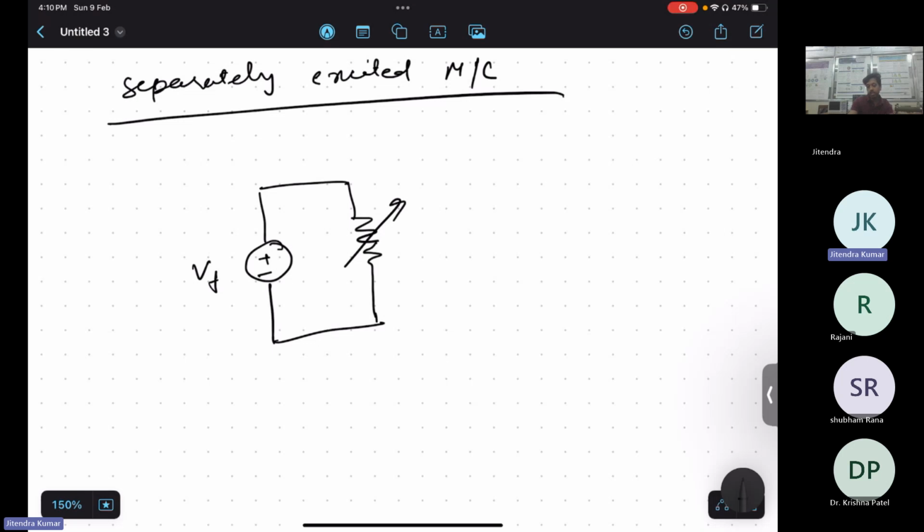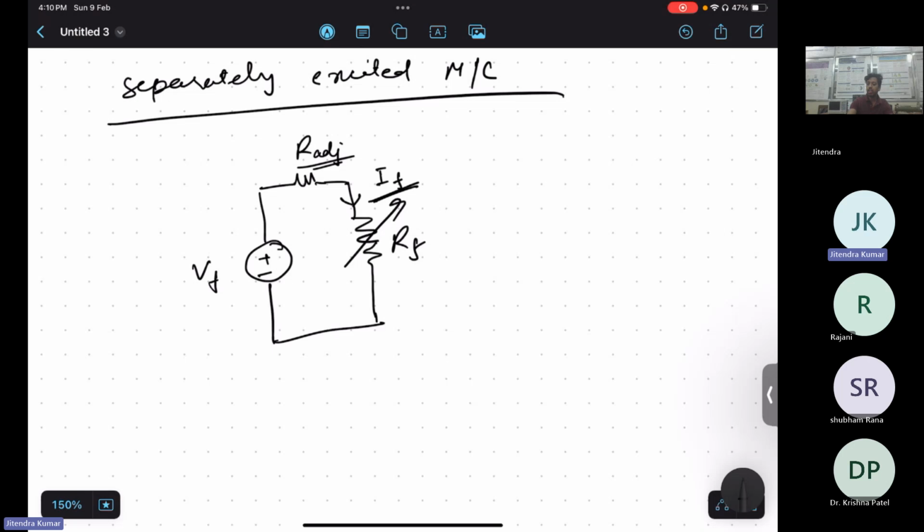You can change the field flux or field current by changing this field voltage or connecting one variable resistance in series. So you can adjust the value of this resistance, R adjusted, and manipulate the field current.